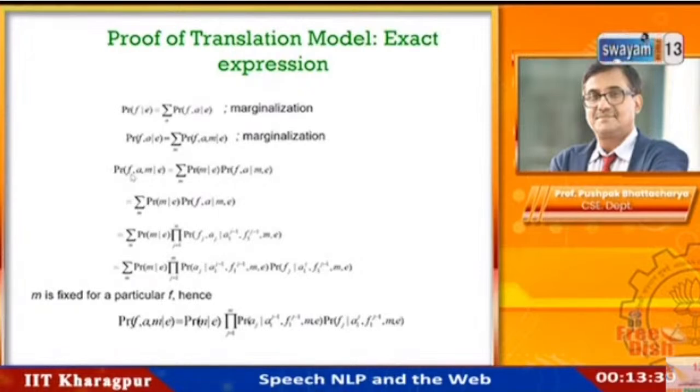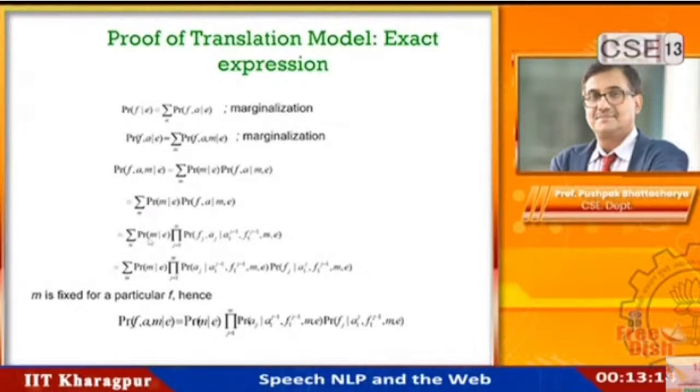So probability of F comma A given E is sigma over M, taking all possible values, probability of M given E into probability of F comma A given M comma E. This is conditional probability.